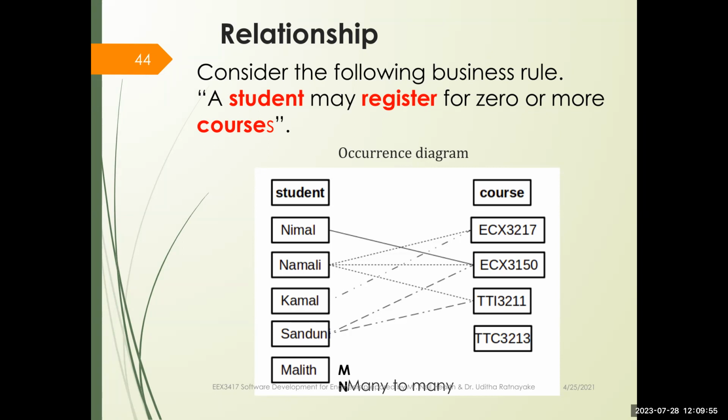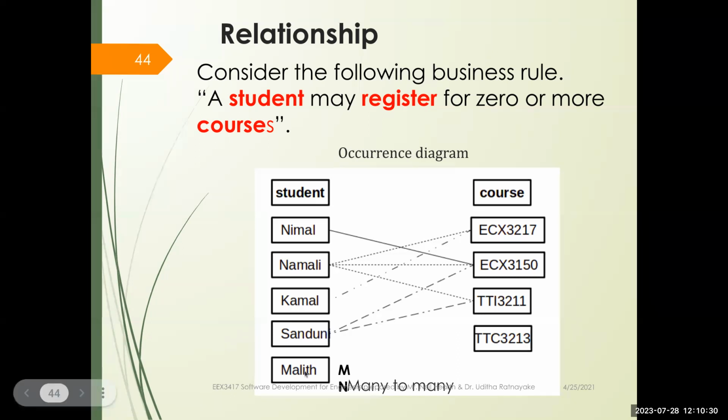These are courses. Now this student registered for this course, the same student registered for this course too, and this student registered for this course. Nimal registered only for this course. Sadun has registered for 2 courses, but there may be courses without any student also.